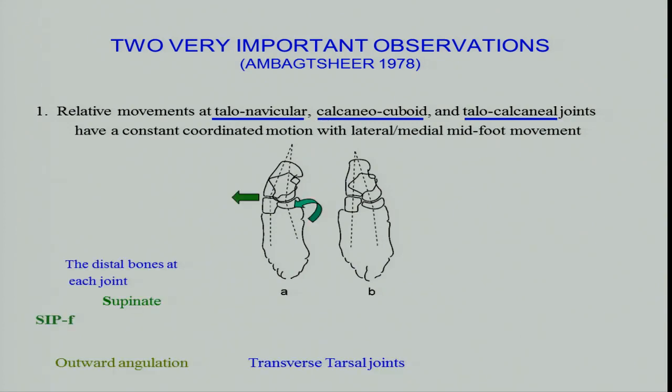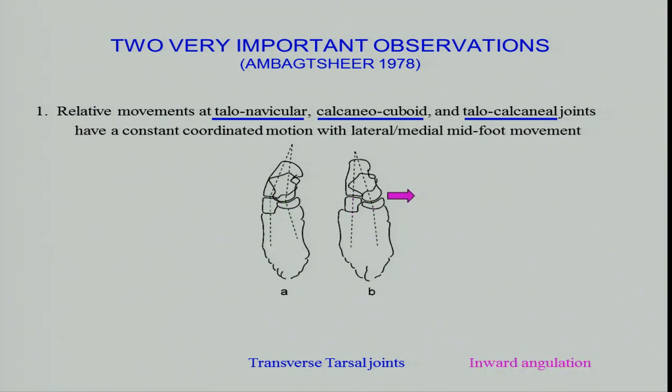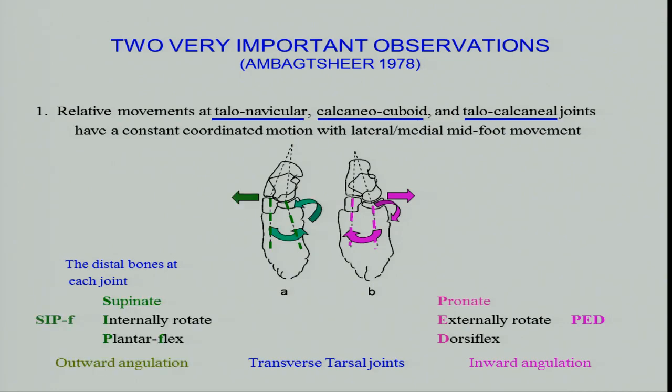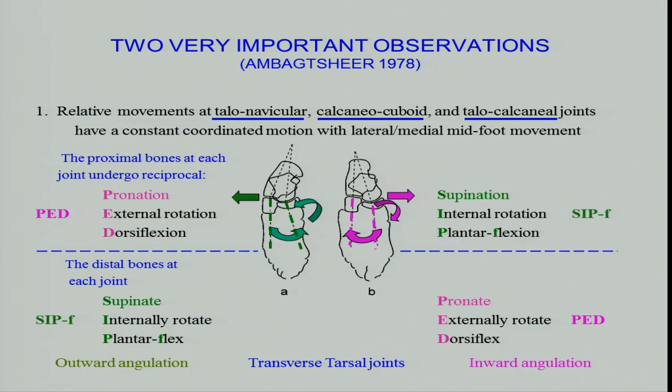With outward angulation, the distal bones at each of these three joints underwent supination, internal rotation, and plantar flexion. And when they went inwards, the distal bones at each of these joints underwent pronation, external rotation, and dorsiflexion. So the proximal bones at each joint underwent the opposite, obviously, relative to each other.